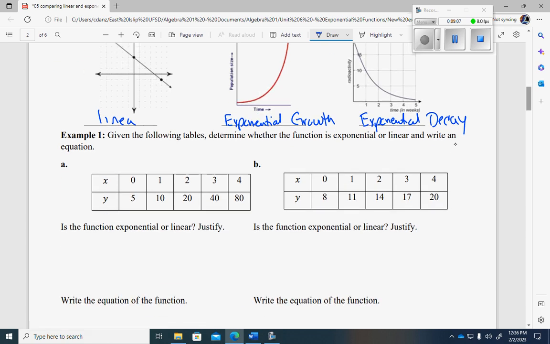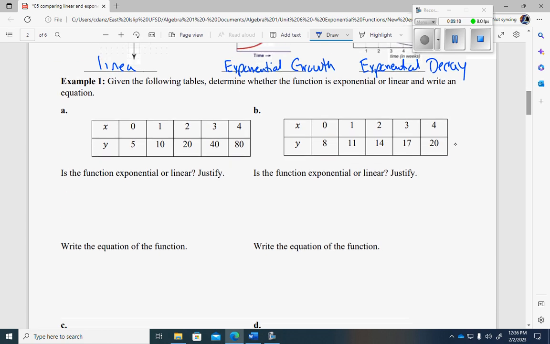And now it's time to look at some tables. So we have to determine whether it's exponential or linear, and then we have to write the equation. So in this table, I'm first going to see if I can add the same number again and again, because that would say that there's a constant rate of change, or if I can multiply by the same number again and again, because then that would be a multiplying factor.